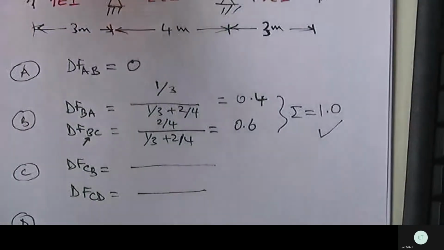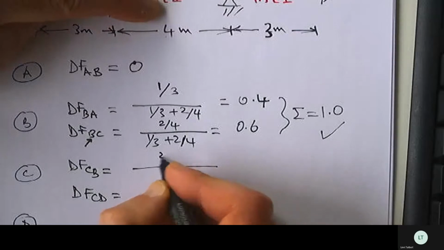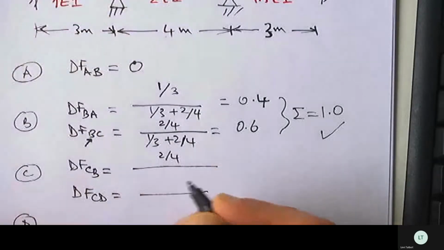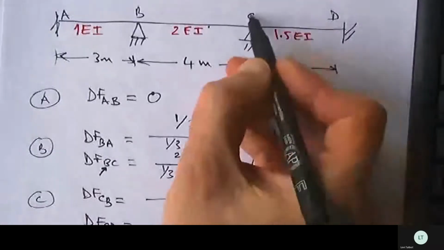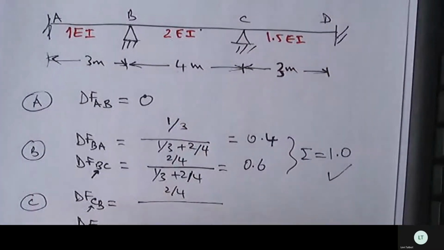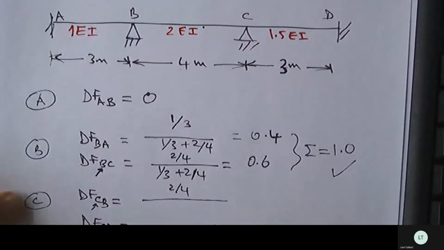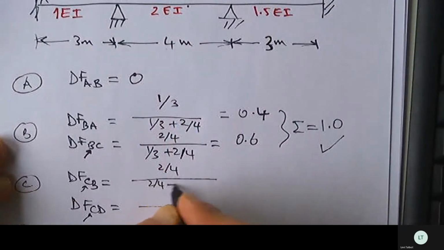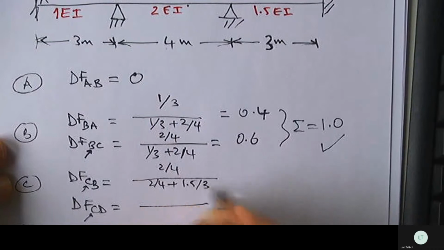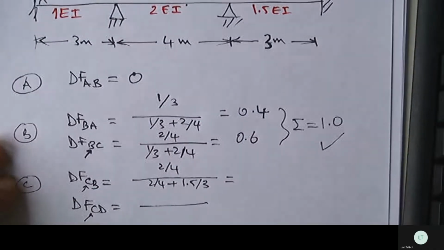So it would be 2/4, isn't it? And at the bottom, what do we have? Because remember, we are at joint C. That's joint C. So we have 2/4 divided by 2/4 plus 1.5/3. Correct?